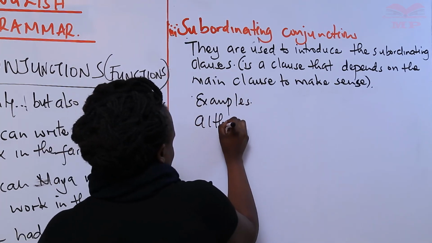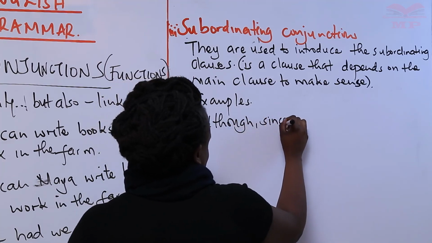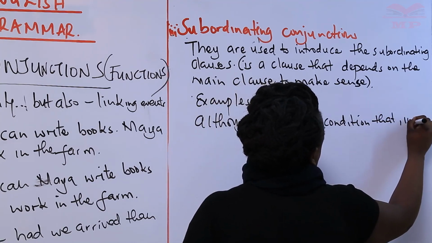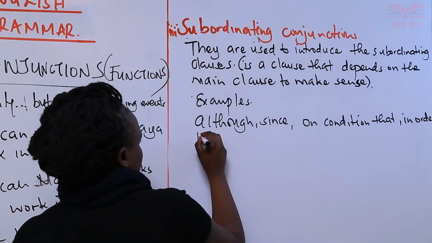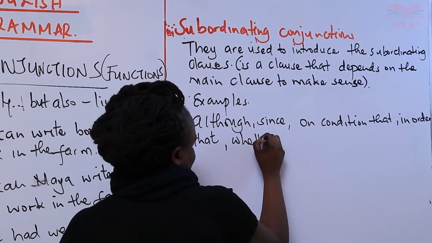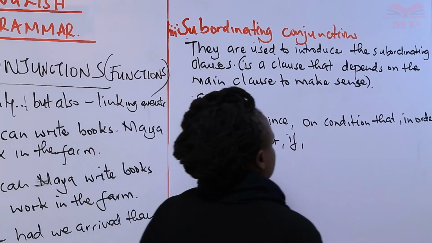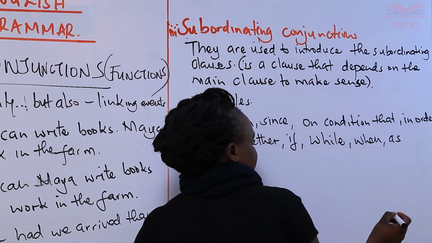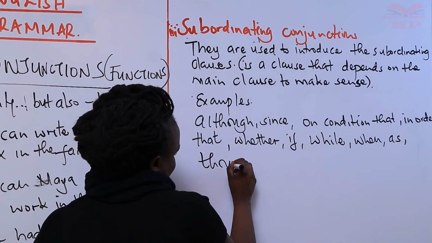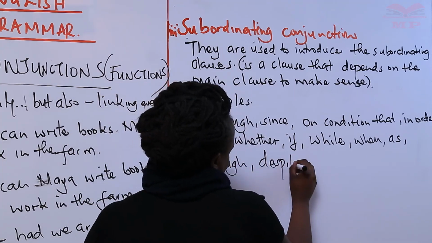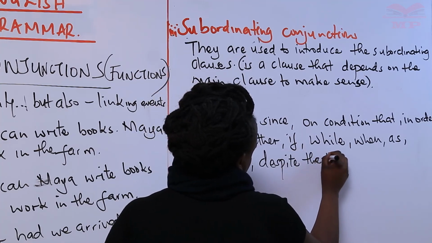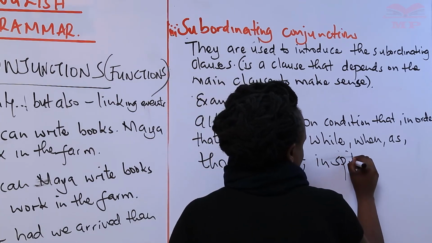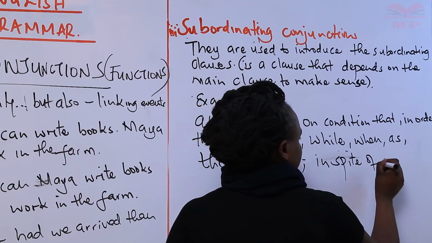We have although, since, on condition that, in order that, whether, if, while, when, as, though, despite the fact that, okay, we can just say despite, in spite of.